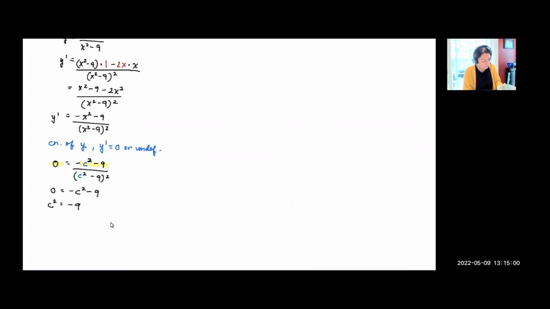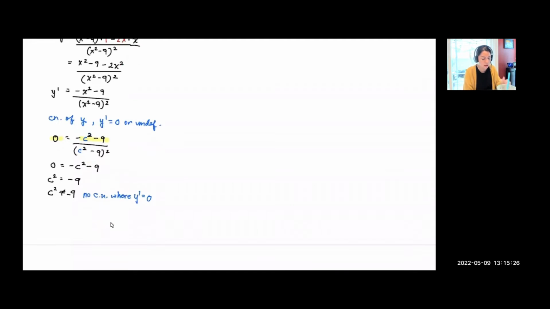And we see that c squared cannot be equal to negative 9 because that would make it imaginary, complex, and so therefore we do not have any critical numbers where the first derivative is equal to 0.